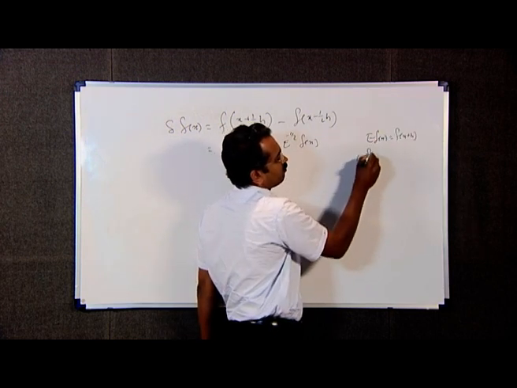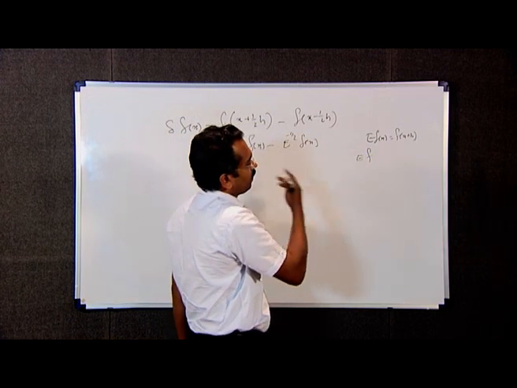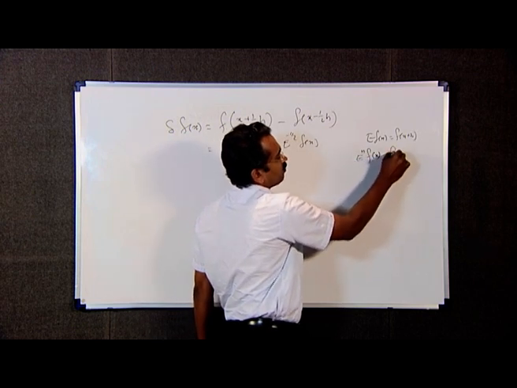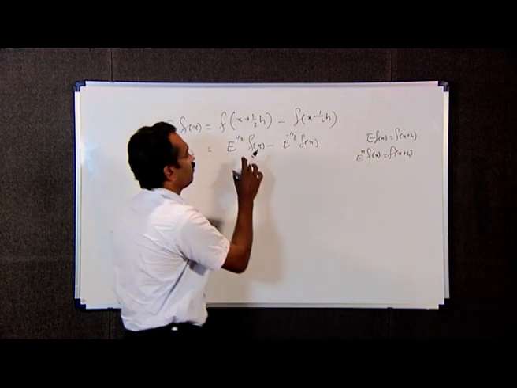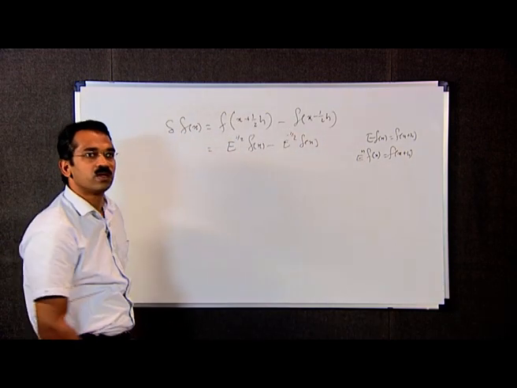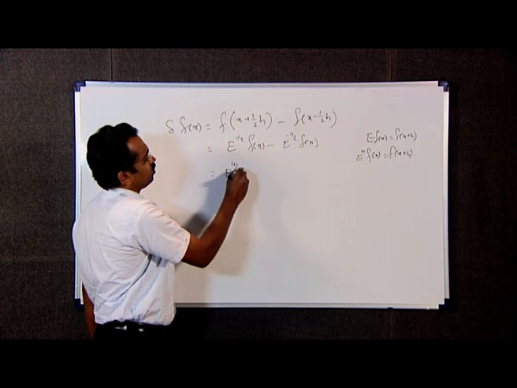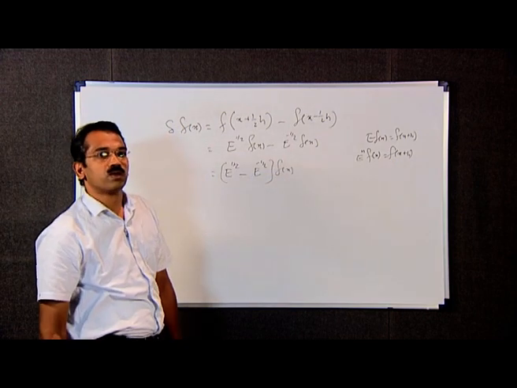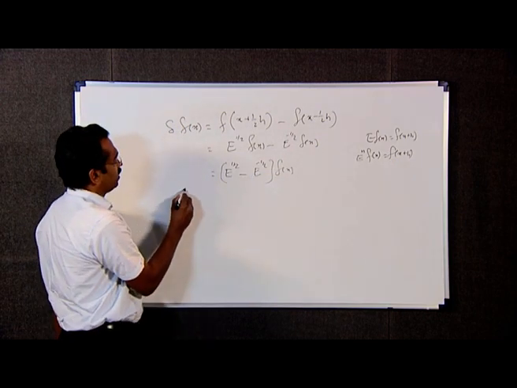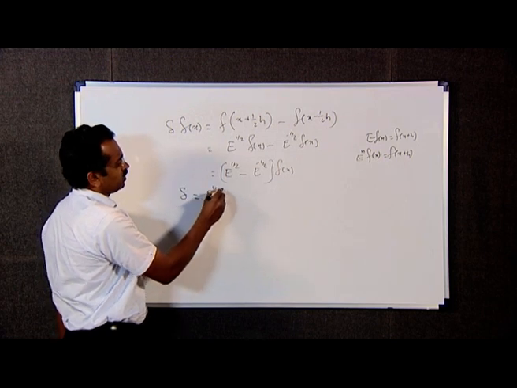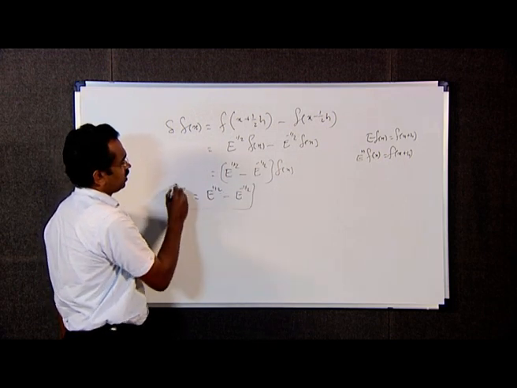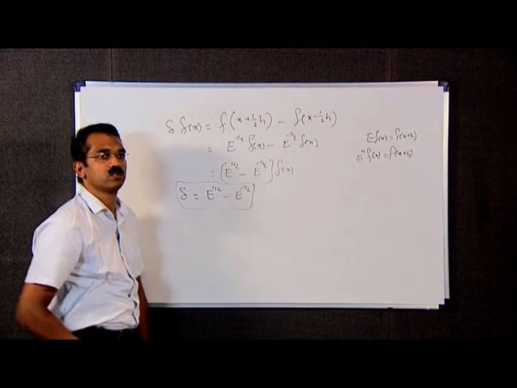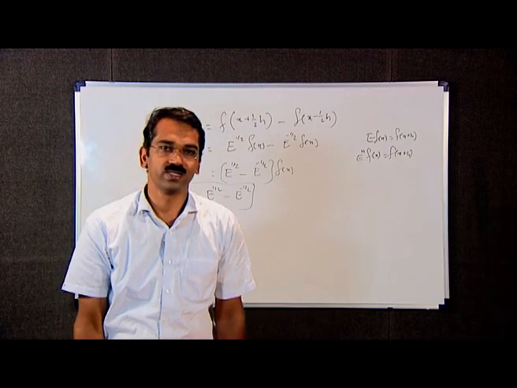In general, E raised to n f of x is equal to f of x plus n h. We use this definition, that is equal to e raised to 1 by 2 minus e raised to minus 1 by 2 of f of x. That is, we have the identity del is equal to e raised to 1 by 2 minus e raised to minus 1 by 2, an identity connecting the shift operator E and central difference operator del.